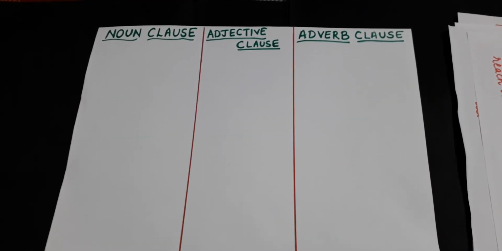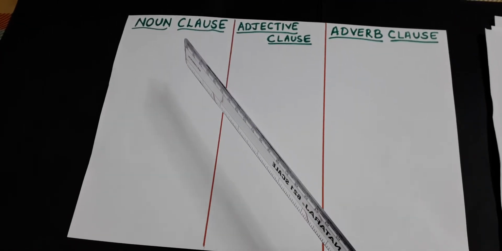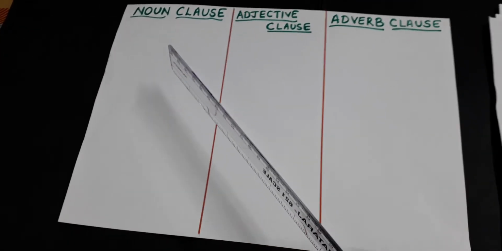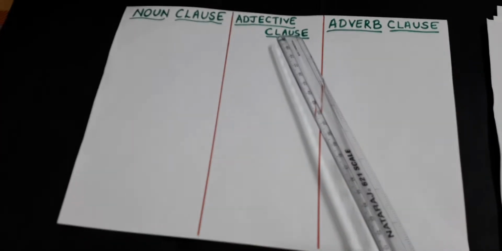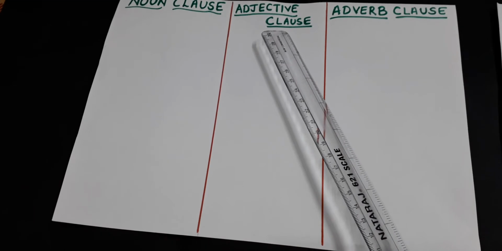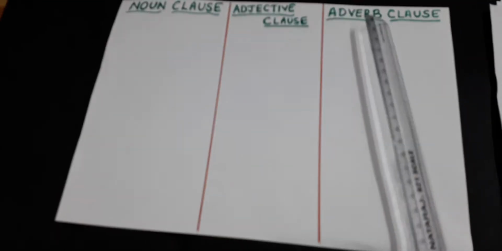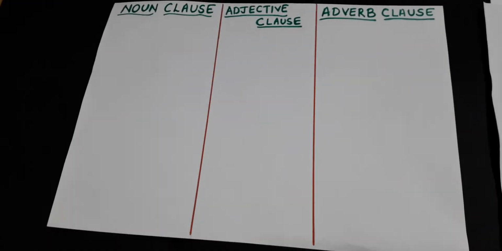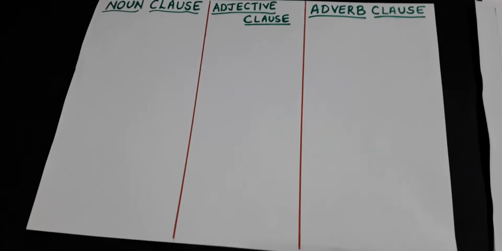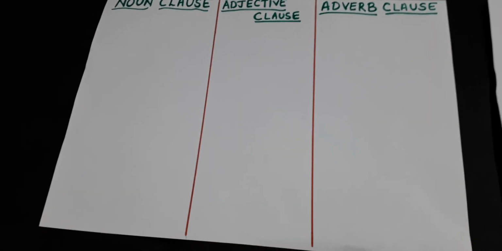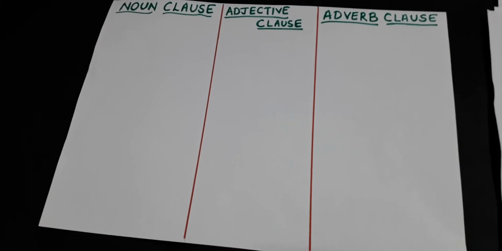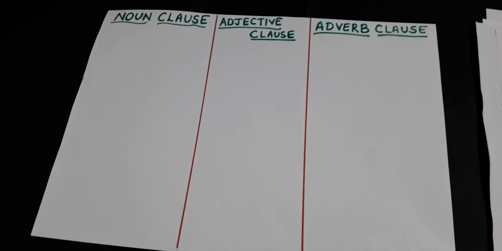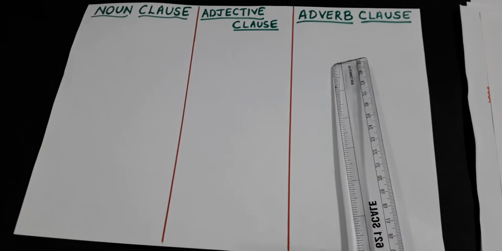As I told you already, if the clause gives the answer to the question what, then it is a noun clause. If it is describing the noun, then it is an adjective clause. And if it is telling you how, when, or where the work has been done, what is the purpose of doing the work, or what is the result of doing the work, that is an adverb clause.